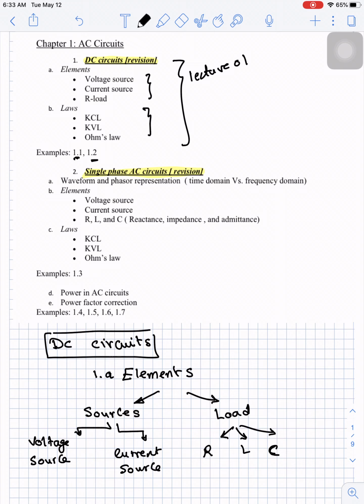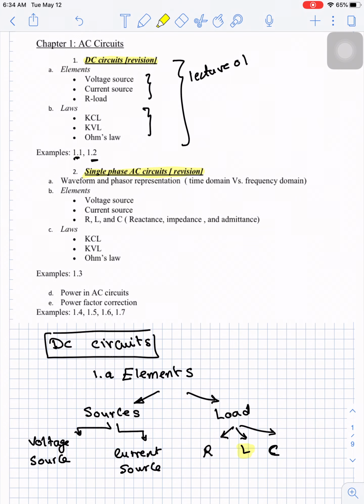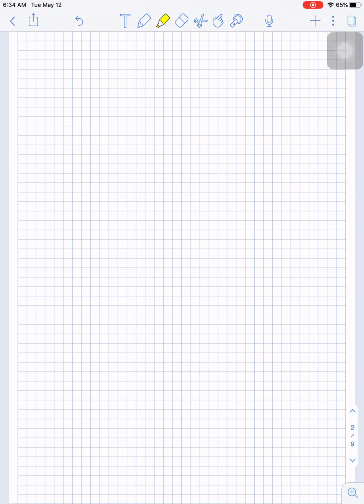We will learn in detail about inductances when we go to magnetic circuits, and also when we go to AC circuits we will learn again about L and C, and we will know why in DC circuits we just consider R. So let's start with the first type of elements, and this type of elements is sources.